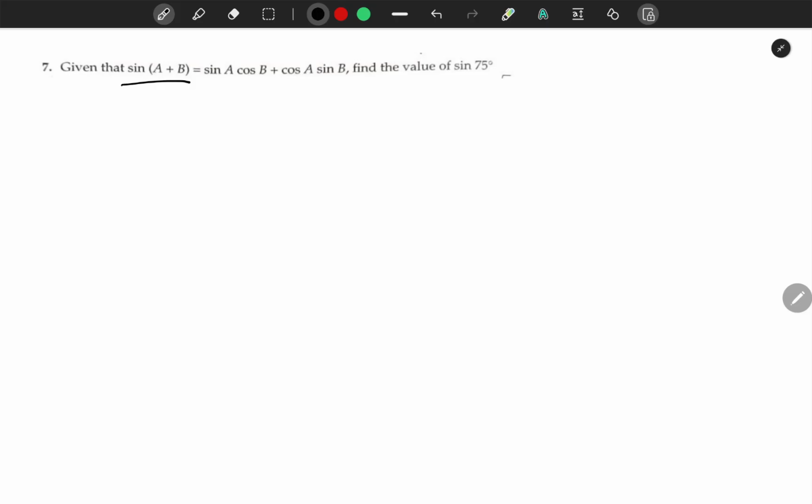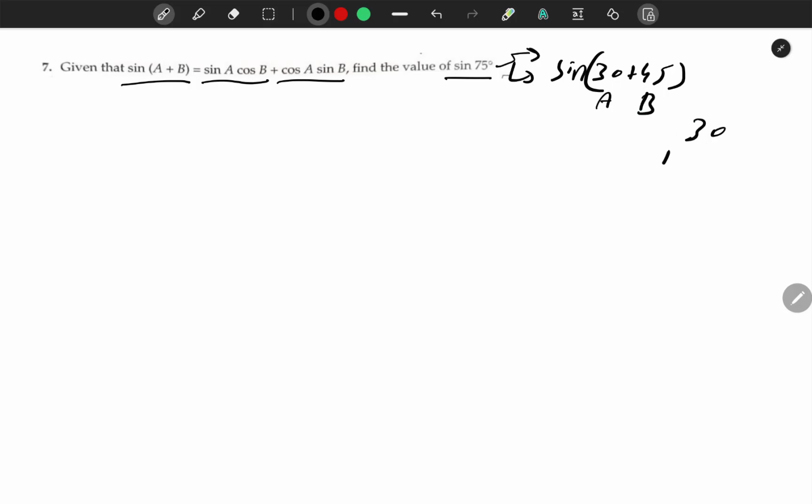Next question is sin of A plus B is equal to sin A cos B plus cos A sin B. We need to find the value of sin of 75 degree. So let us split this 75 degree as sin of 30 plus 45. A is 30 and B is 45. So 30 plus 45 is 75. Okay.